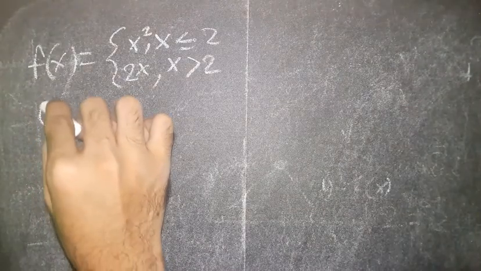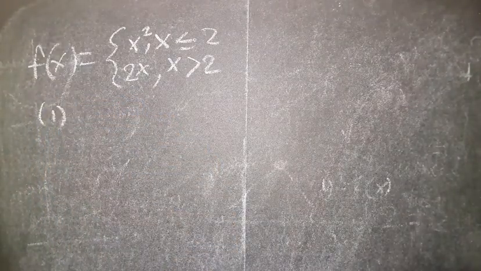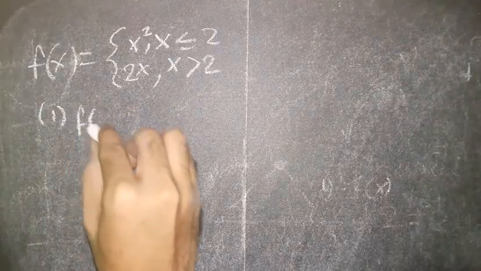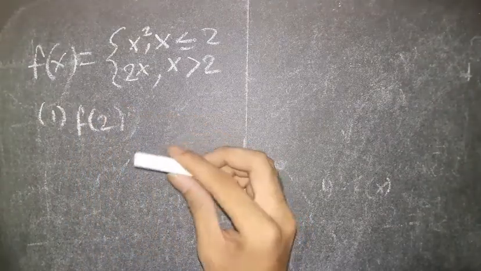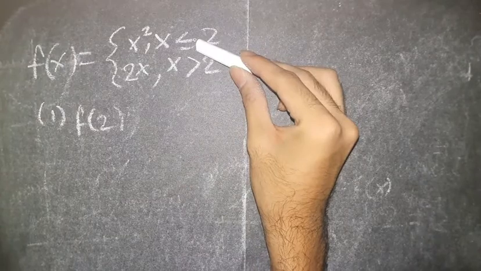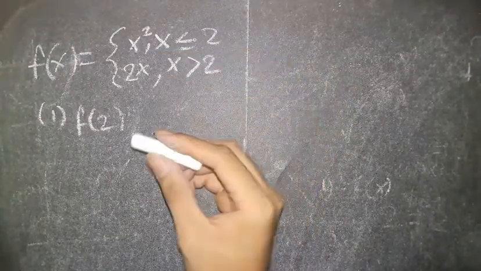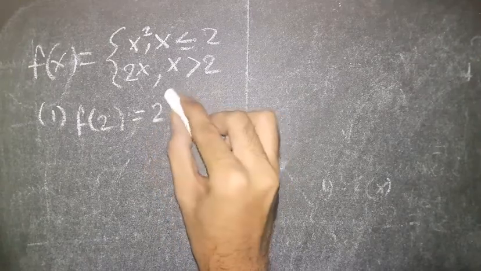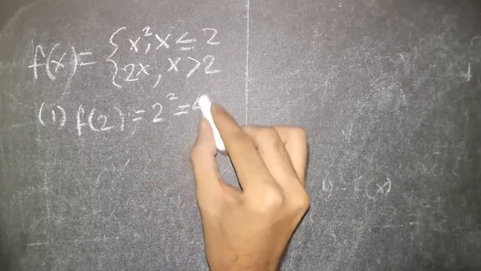Let's consider the first condition of continuity. f of 2, based on the first function of the piecewise, is equal to 2 squared or 4.